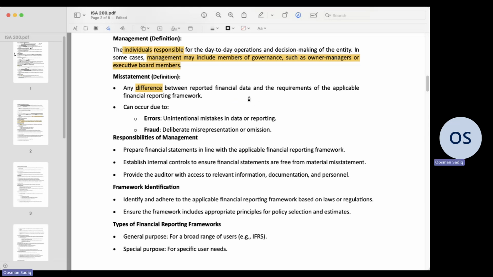Now I'll just show you how. For example, your depreciation expense should have been, let's just say, 1 million.